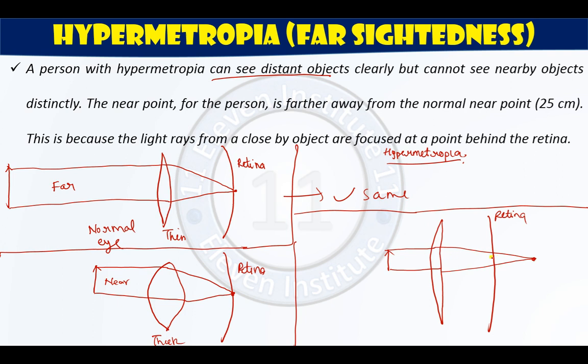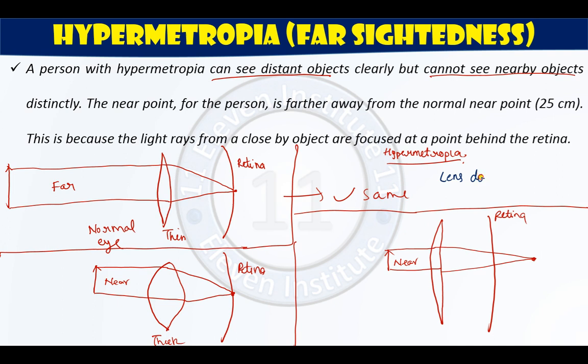So a clear image is not formed on the retina, and hence when anything is placed near to the lens, a hypermetropic person cannot see it. The nearby objects are not clear. Why are they not clear? The only reason is the lens has lost its power of accommodation. The lens was observing the far object, no problem, the lens is thin. But when the object comes near, the lens should become thick.